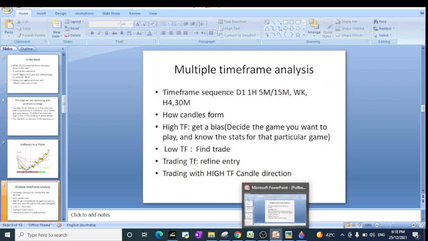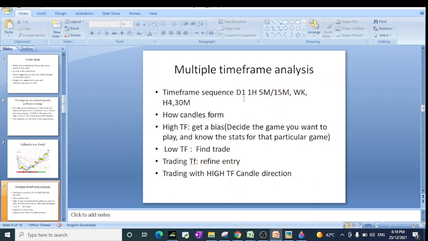And yeah, this idea is so important. So higher time frame candles, higher time frame for getting an edge and getting a bias, and you have your trading time frame. So how do candles form?